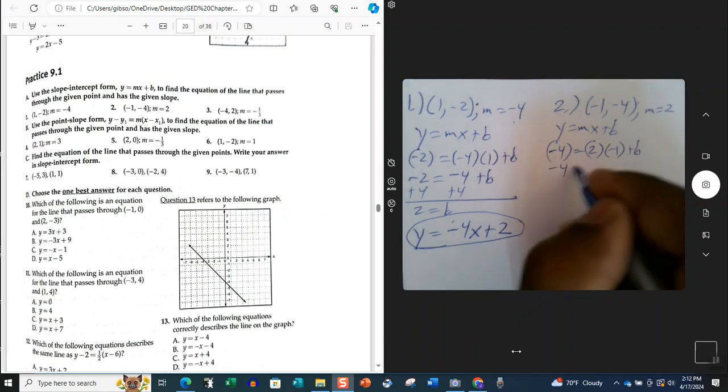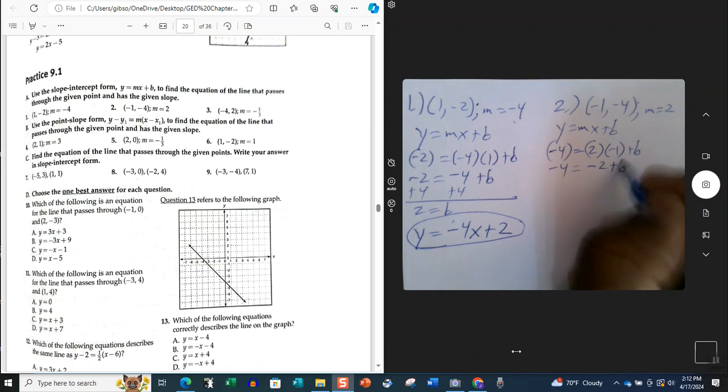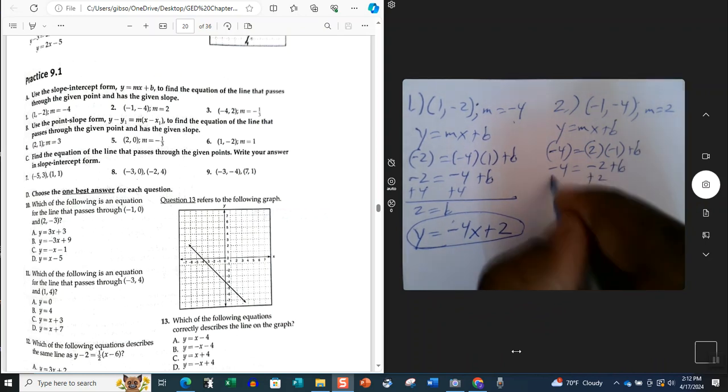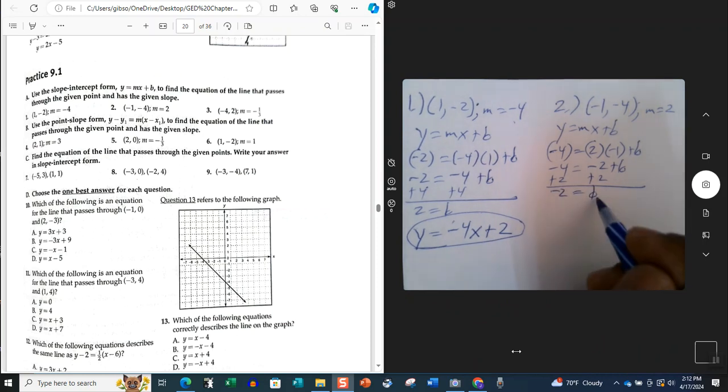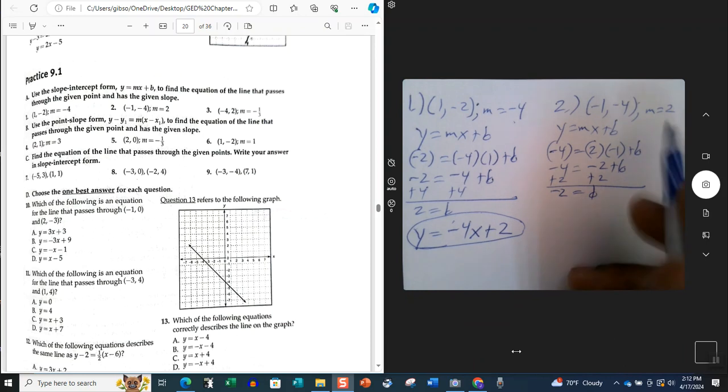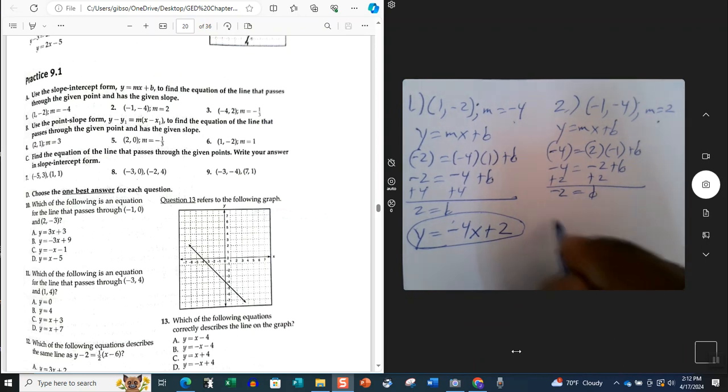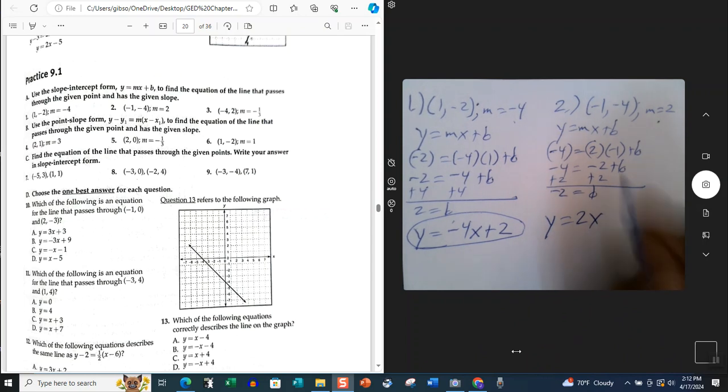So we have negative 4 equals negative 2 plus b. You add 2 on both sides. Negative 4 plus 2 is negative 2, and that equals b. So we know b is negative 2 and our slope is 2. So we'll substitute. So we have y equals 2x, and then that'll be minus 2.